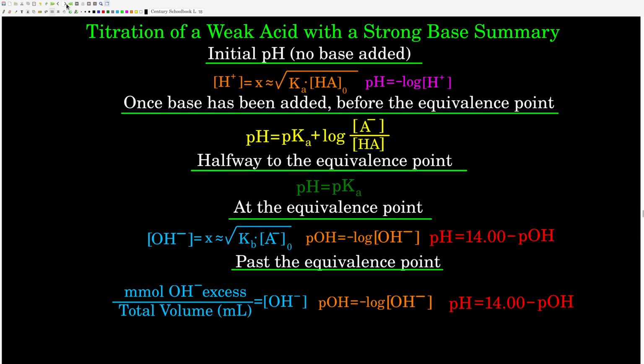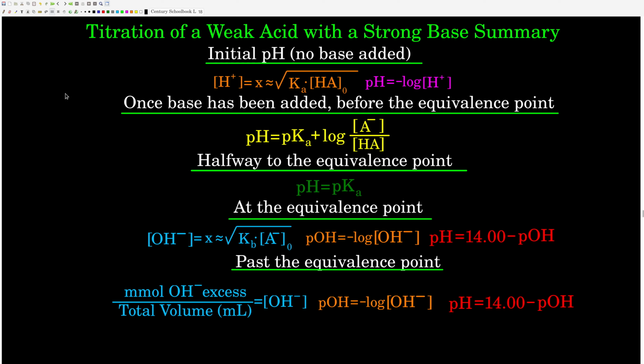All right. So here's a summary for you guys. It seems like a lot, but the key to these calculations is knowing what region of the graph you're on. Is it initial? Nothing's been added. Are you before the equivalence point?